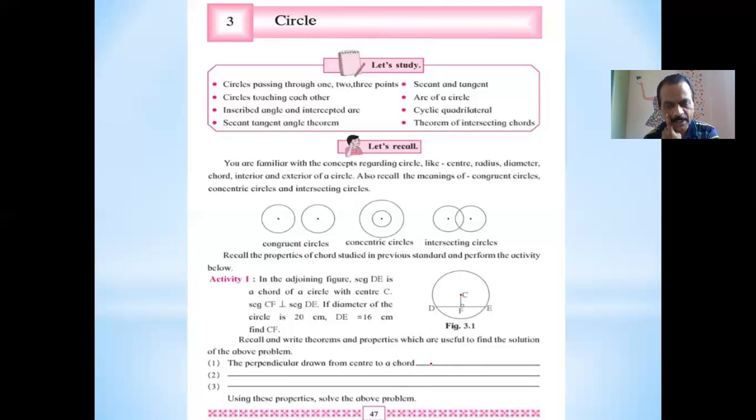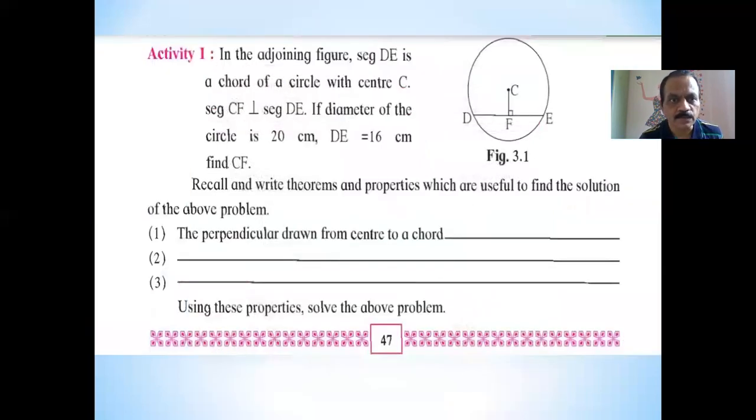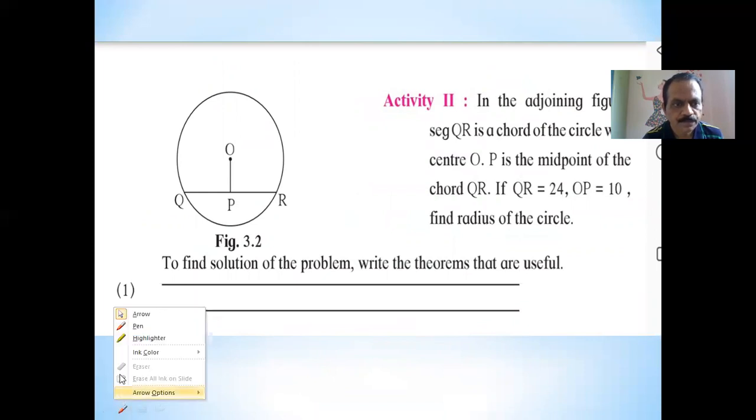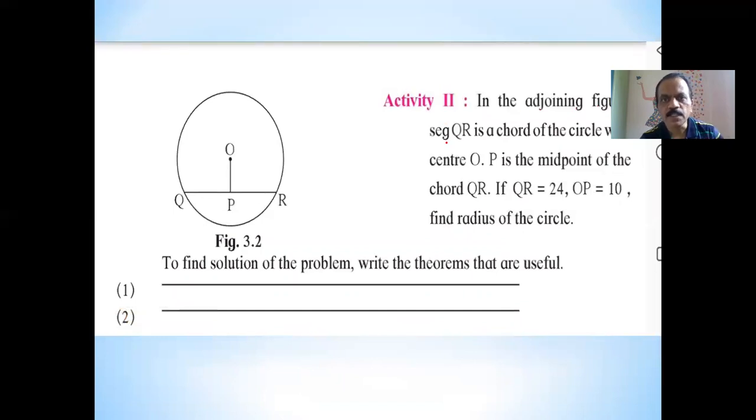Now we see the second activity related to the circle. In the adjoining figure, segment QR is a chord of a circle with center O. P is the midpoint of the chord QR.